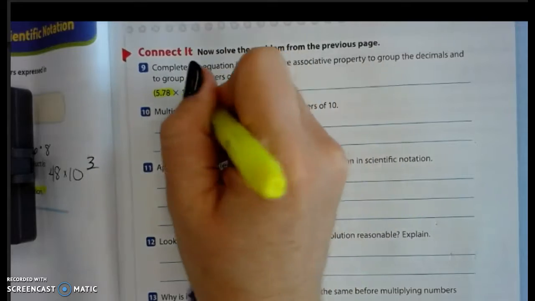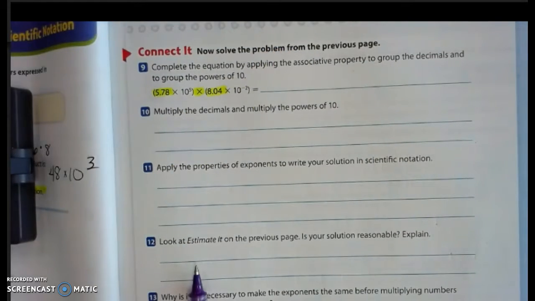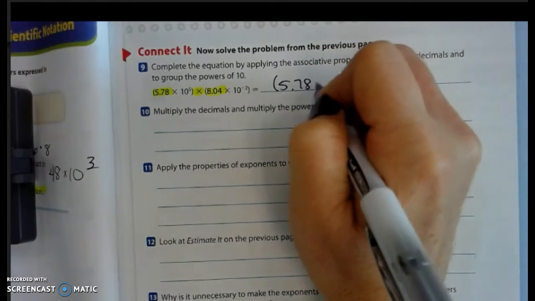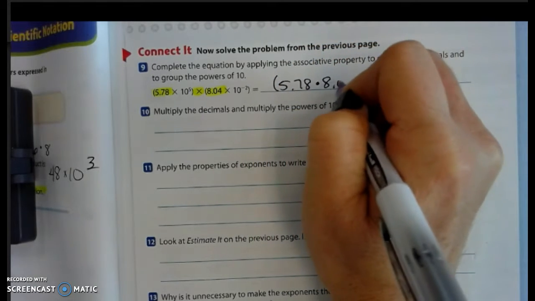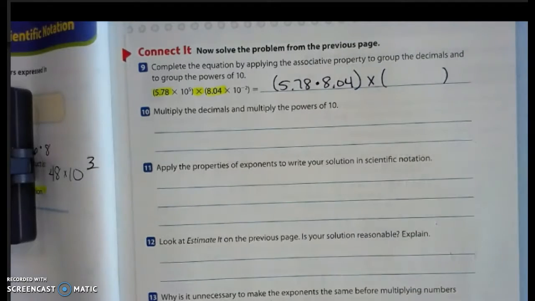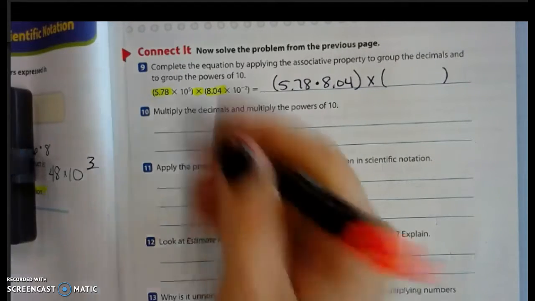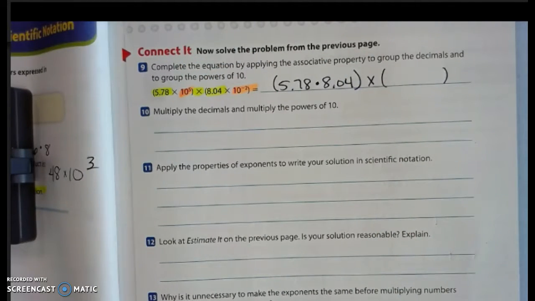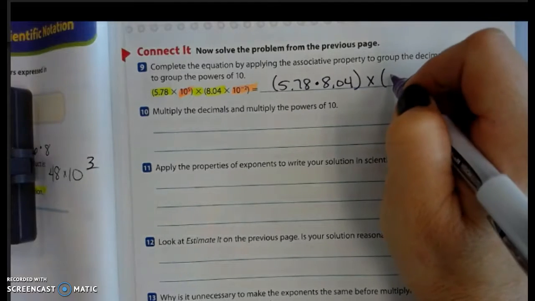They want the constants being multiplied together, so 5.78 times 8.04. And then they want us to group the base 10s together. And the base 10s are 10 to the 5th and 10 to the -2. We're grouping the like terms.